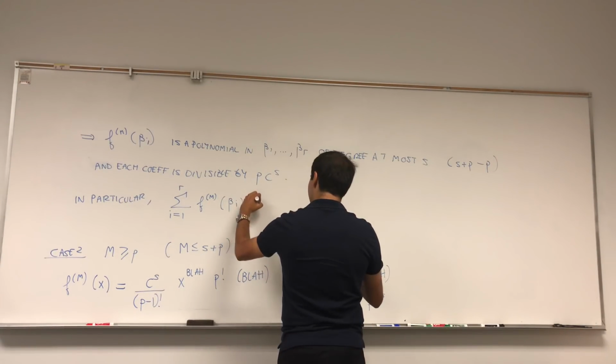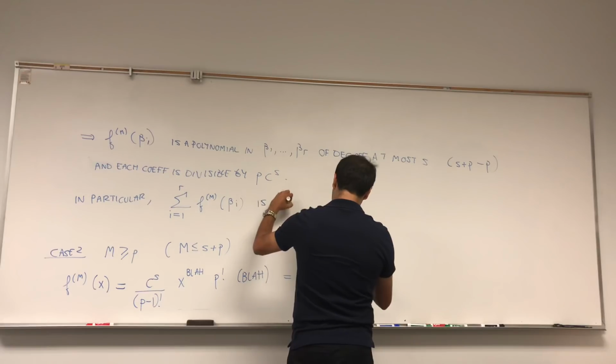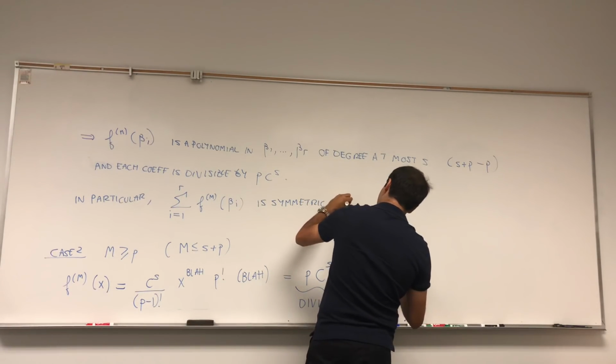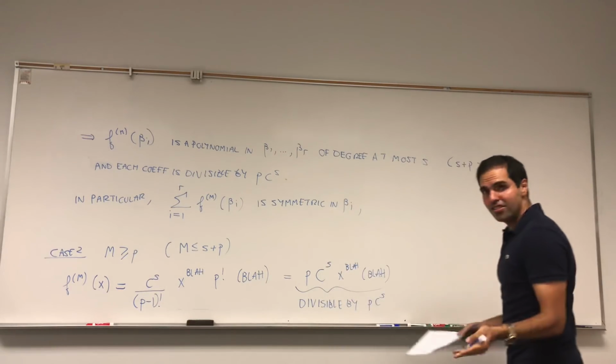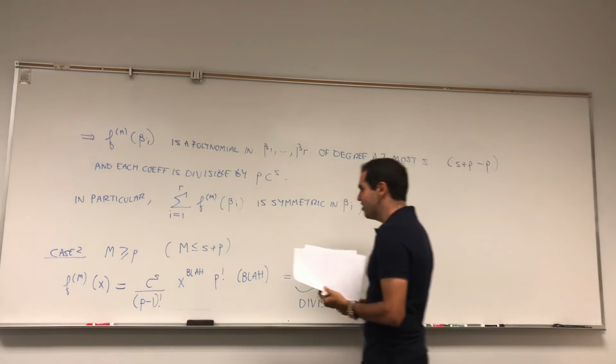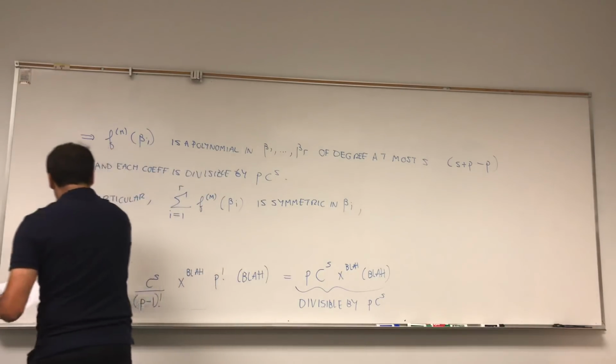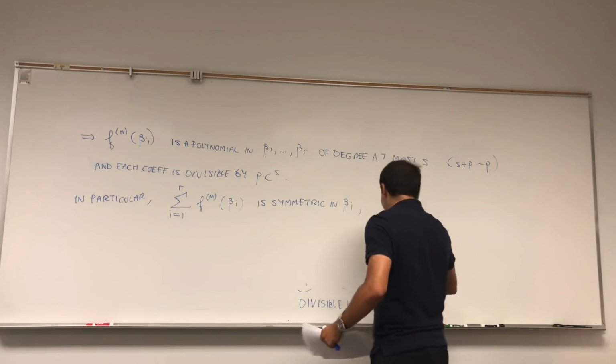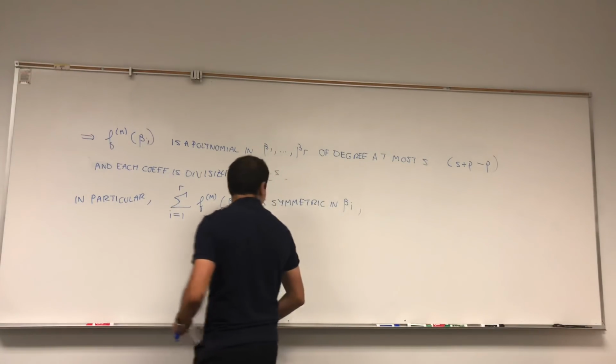So it's symmetric in beta i. And so there's this theorem called the fundamental theorem of symmetric polynomials, which again I have no idea what that is. So I looked at it and I was still confused.